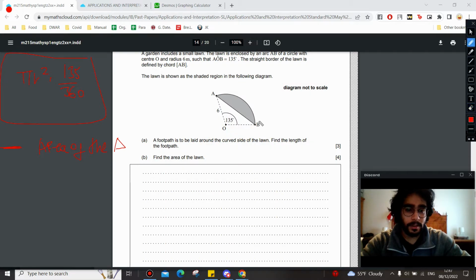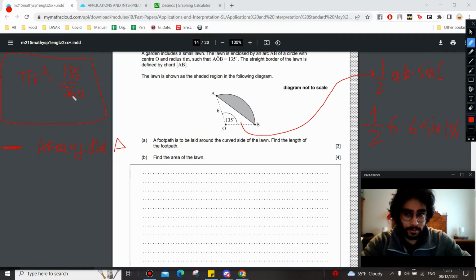Well, in your booklet, you should have this formula, I think. It is 1/2 times ab times sine C, which means 1/2 times 6 one side, 6 the other side, because they have the same length because it's radius, times the sine of the angle between them, which is 135.